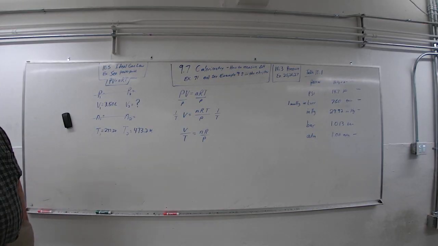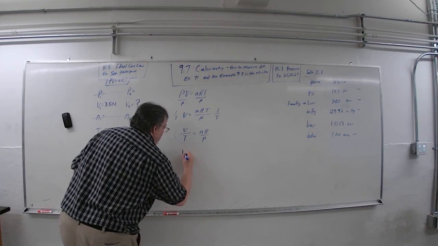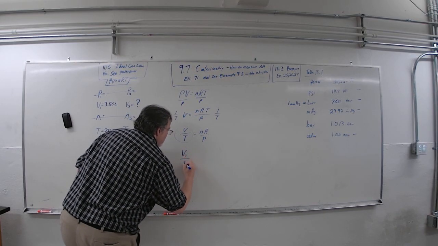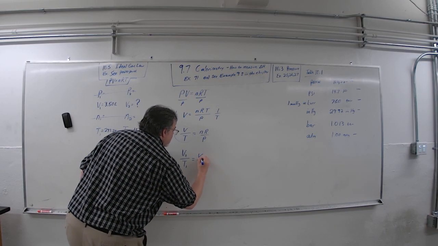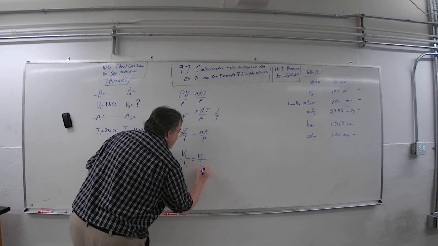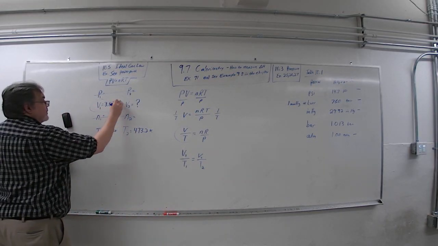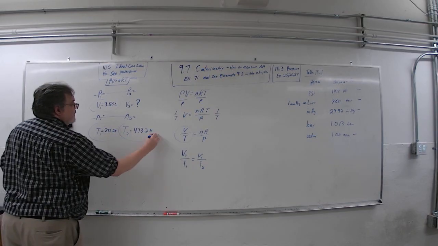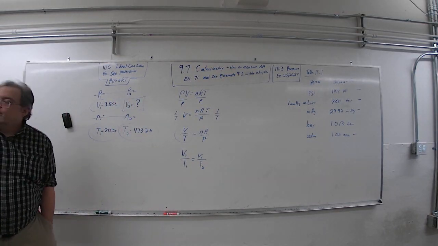Once you get there, you just take what's on the left side here, put ones with it, duplicate it, put twos on it, and now you have a little equation. You've got 1, 2, 3 out of 4 variables you can solve for.